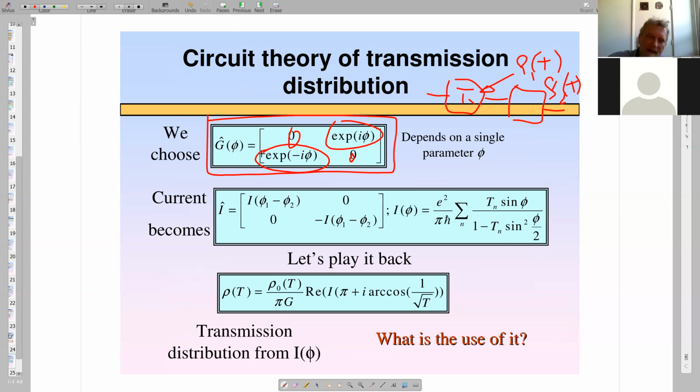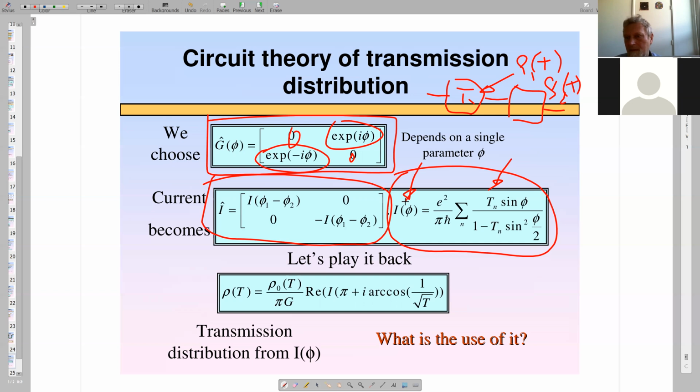With this one can compute the current according to the general formulas, and one sees that the current depends on transmissions. The dependence of current on phi gives the transmission distribution in some form.